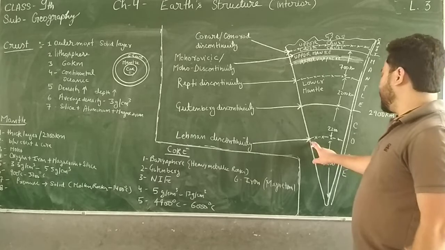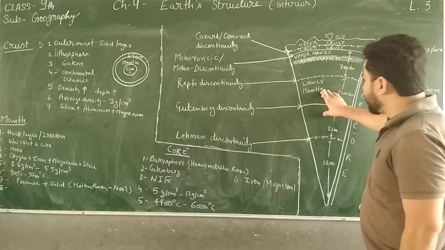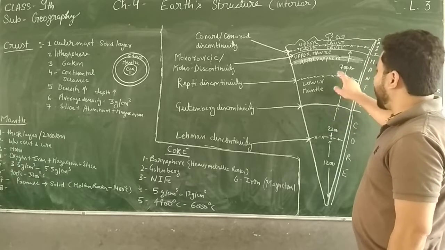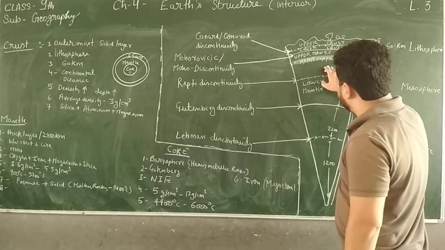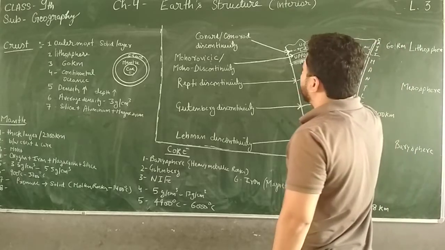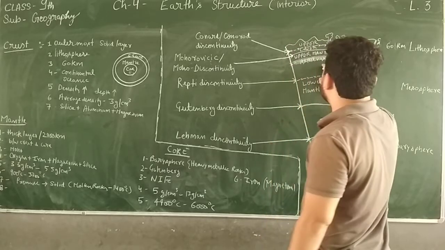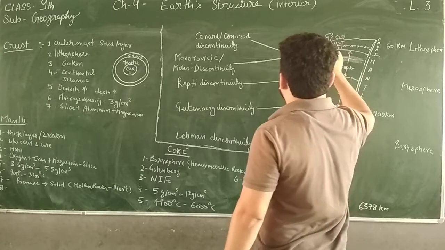So the Lehmann discontinuity is between the outer core and inner core. The Gutenberg discontinuity is between core and mantle. The Repetti discontinuity is between lower mantle and upper mantle. The Mohorovičić discontinuity, or Moho discontinuity, is between mantle and crust.